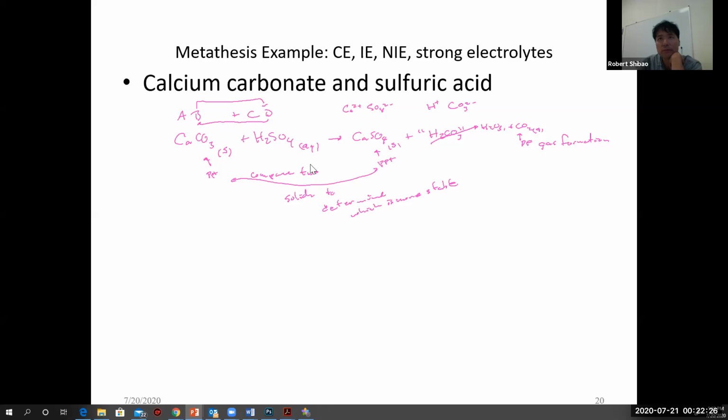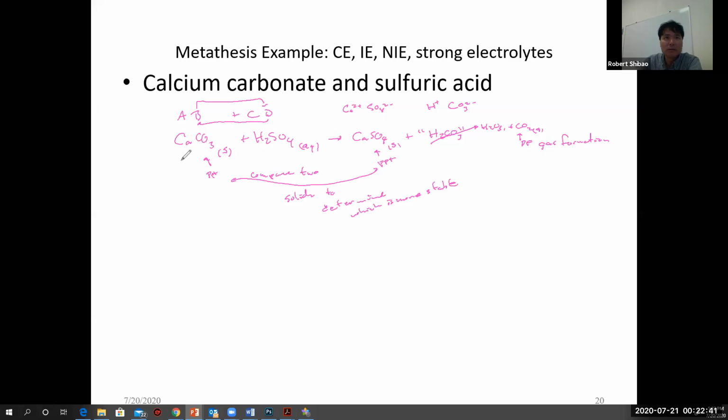But it's not. But all we need is one driving force. So unfortunately, this one doesn't count because this calcium carbonate is less soluble, more stable. But we had to look it up in a data table. So this is more stable, less soluble.